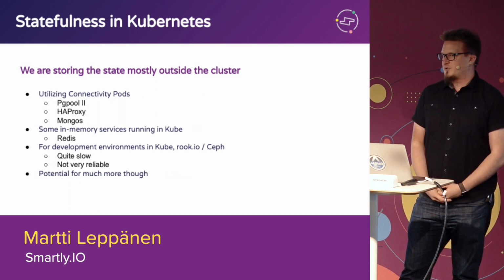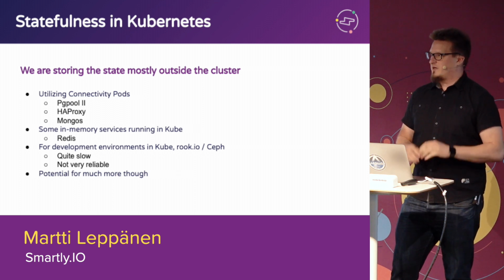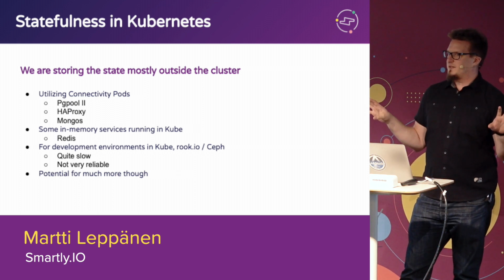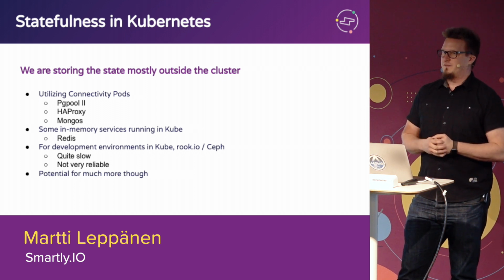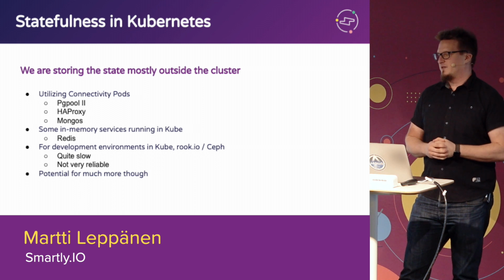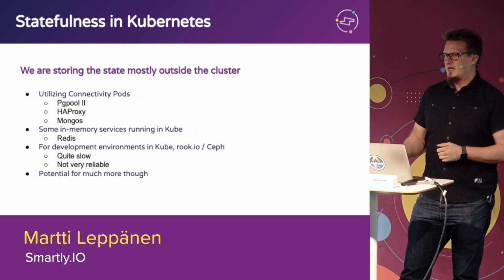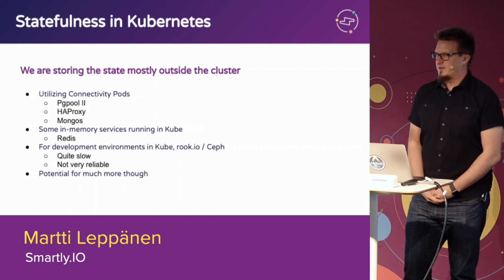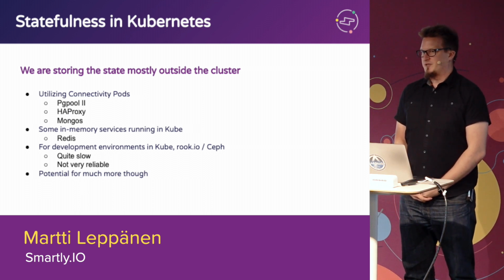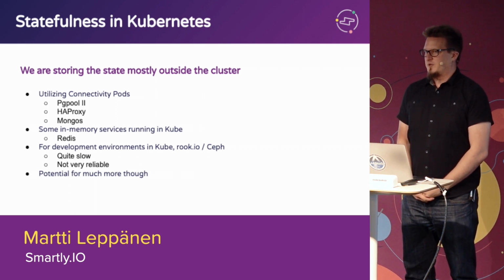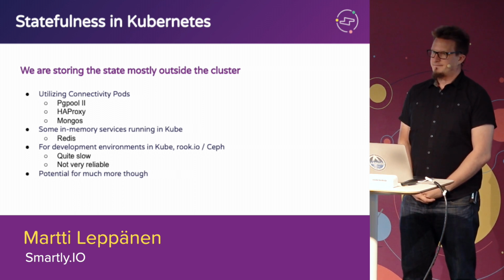So, for example, for Postgres, we have Pool, and for a bunch of services, we have HAProxy, and you can run many of these replicas in a Kubernetes system, such that even if you lose a node or if you do some upgrades, you will always have the connectivity up and running, just as you would in a non-Kubernetes scenario. And Mongo and some other databases obviously have also their own way to connect and proxy the connections to the right servers. And for example, for Mongo, we're using Mongo to do that.